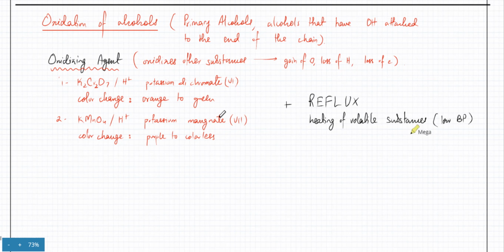But what is reflux? Reflux is when you try to heat a substance that is volatile, the substance will fly away, all of it is going to evaporate and escape. So for example, you have alcohol and you've added K2Cr2O7 to it.